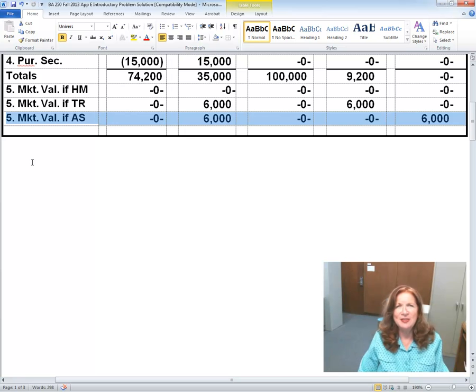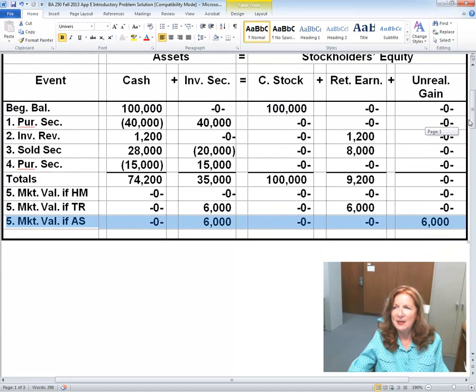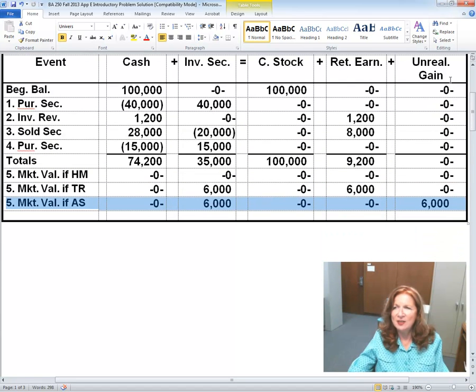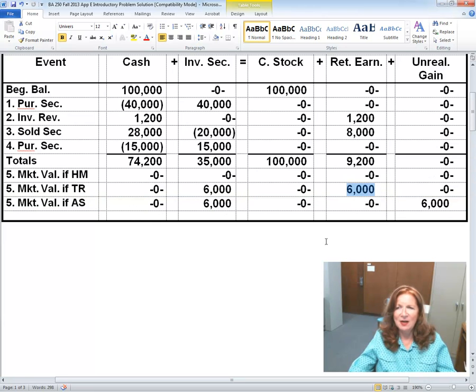It goes into a separate securities increase account, and that's way over here in this last column, an unrealized gain identified in the contributed capital of the company, but not as part of retained earnings. Here we have it in retained earnings.